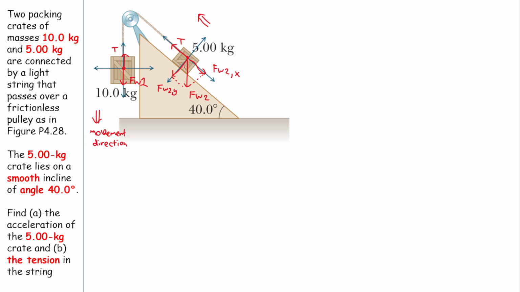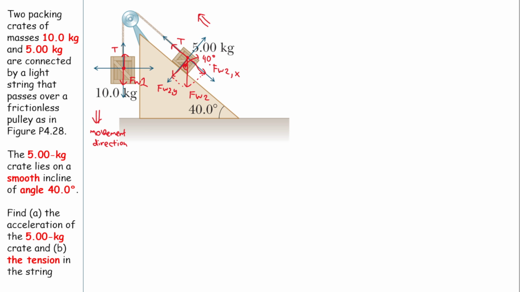But then we have this angle here is 40 degrees, right? This angle here is also 40 degrees because the incline here is 40 degrees. So this angle is 40 degrees, the angle here between the y-axis and the force, the weight.